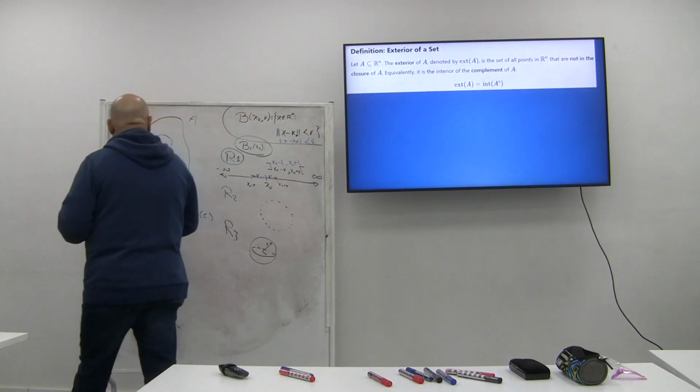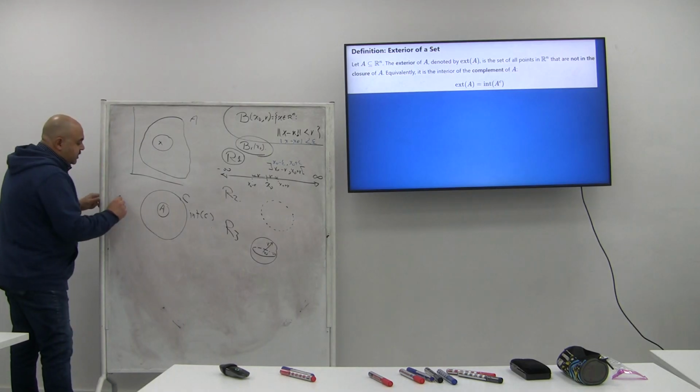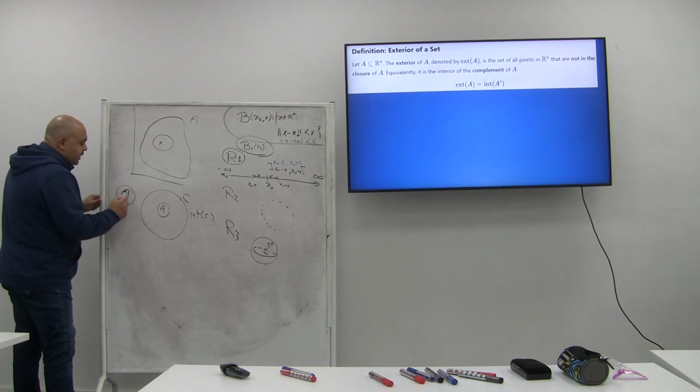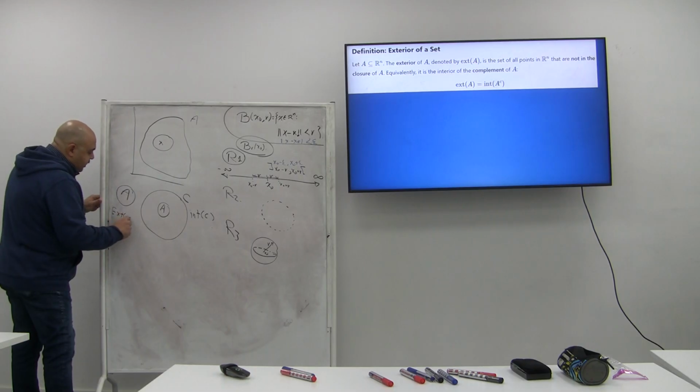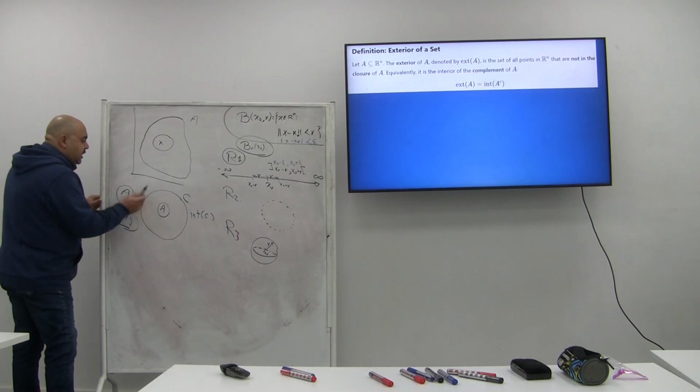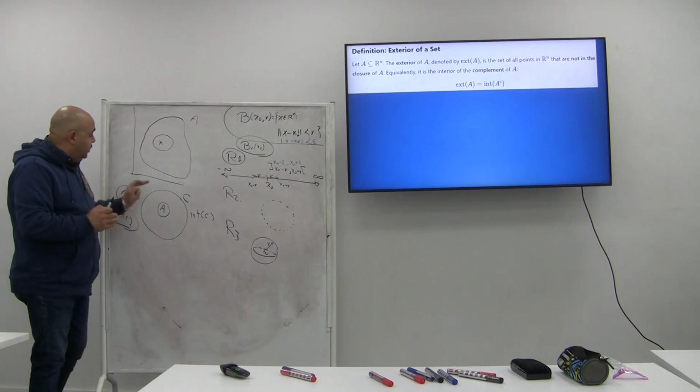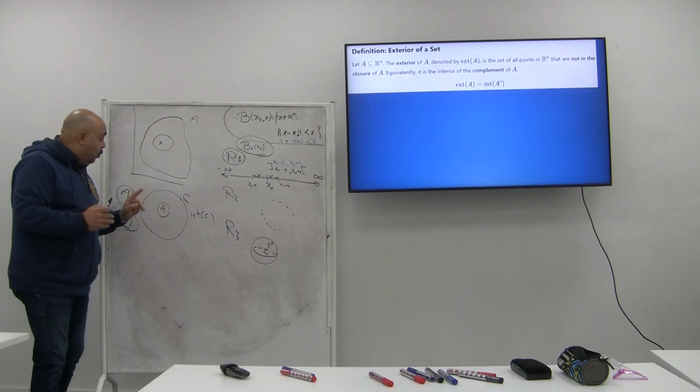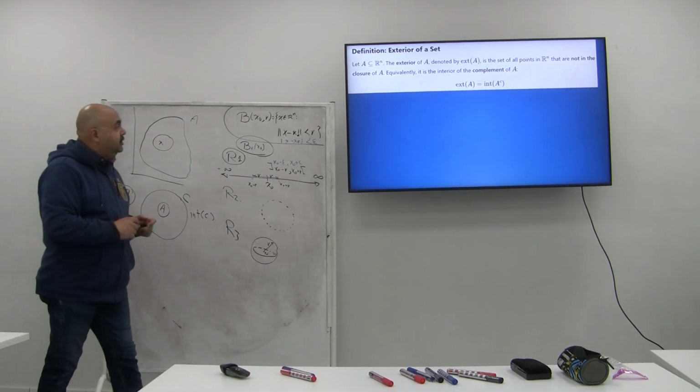So if this is C, and this is going to be A, in this case it's going to be the exterior of C, which means that A exists outside the frame of C and away from the boundaries of C.